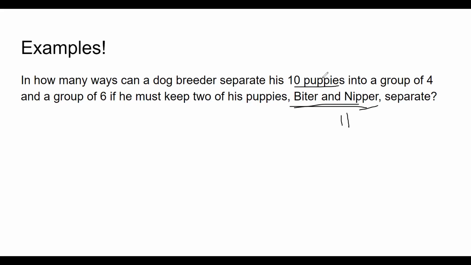So instead of figuring out what to do with them, let's deal with them later, and consider what the other 8 puppies do. Where do they go? And how do we proceed from there? So what do we do with the other 8?